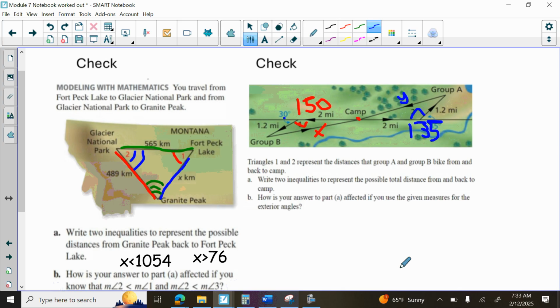So if you notice, this side, 1.2, is the same as this side, 1.2, right? And if you notice, this side 2 is the same as this side 2.